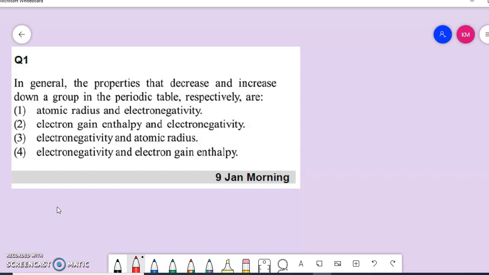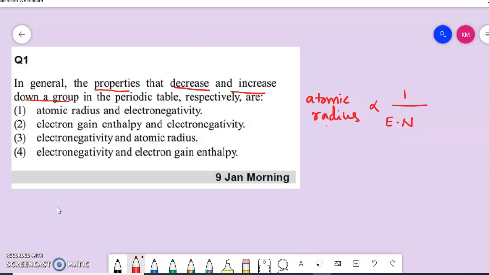In general, the properties that decrease and increase down a group in the periodic table, respectively. They are given different properties. But as you know children, when we talk about atomic radius, this atomic radius is inversely proportional to electronegativity. I am writing it as EN.